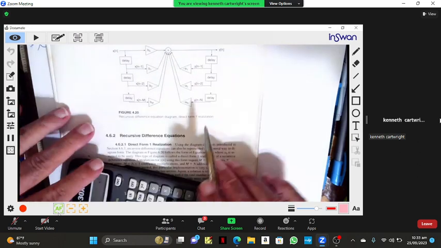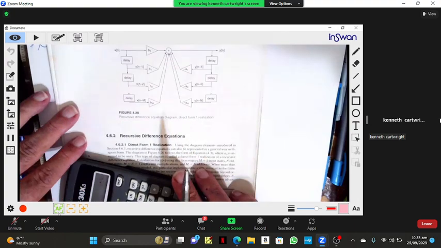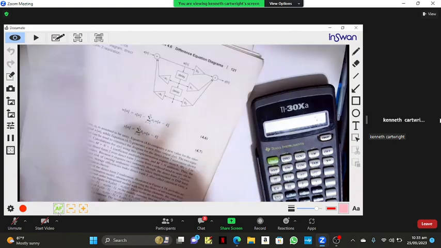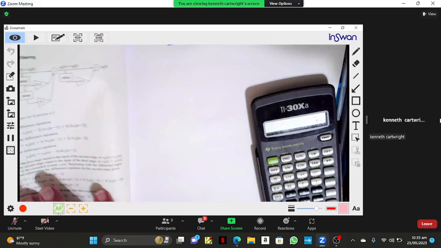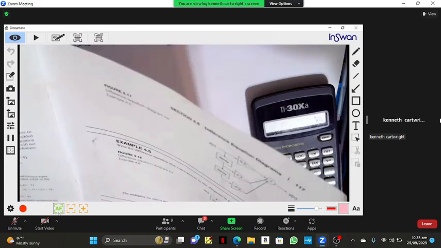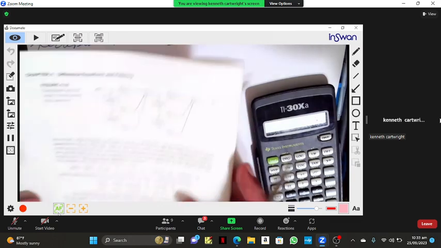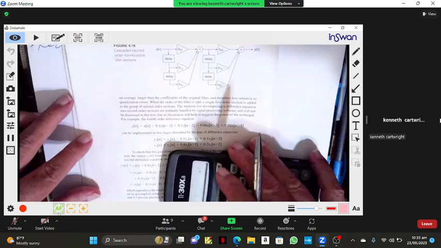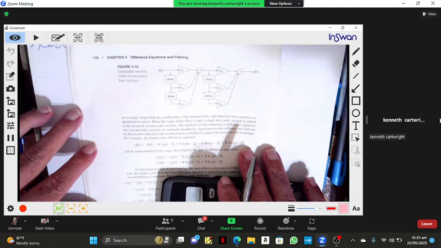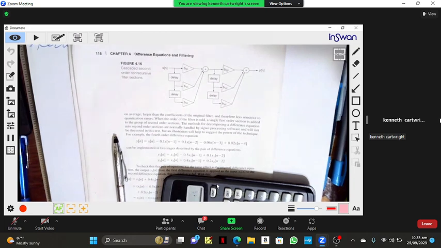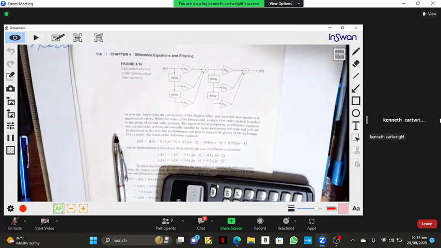All right, let's do something more dramatic. Oh, I need to go back a second, back to recursive. What do you see here? Tell me what kind of filter you see here. In figure 4.16, what do you see?